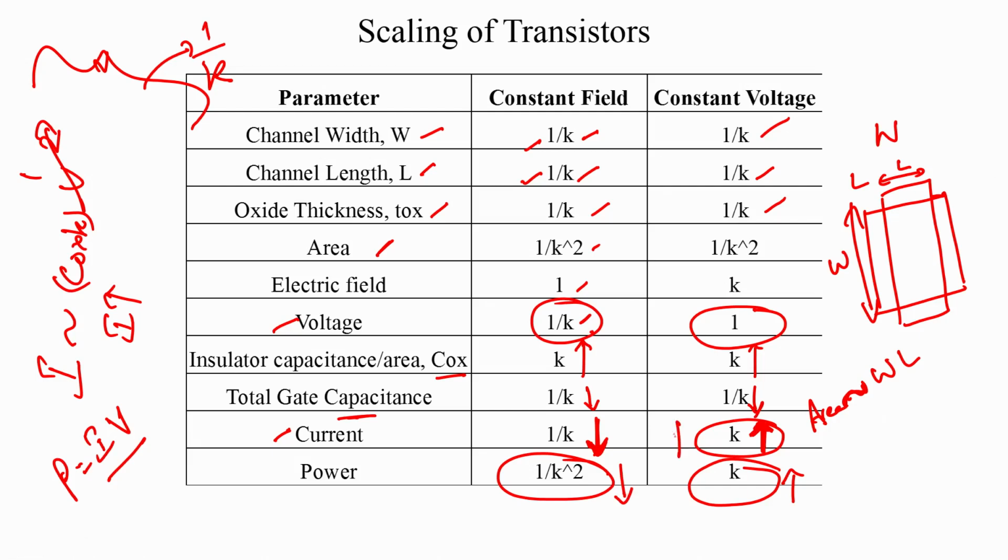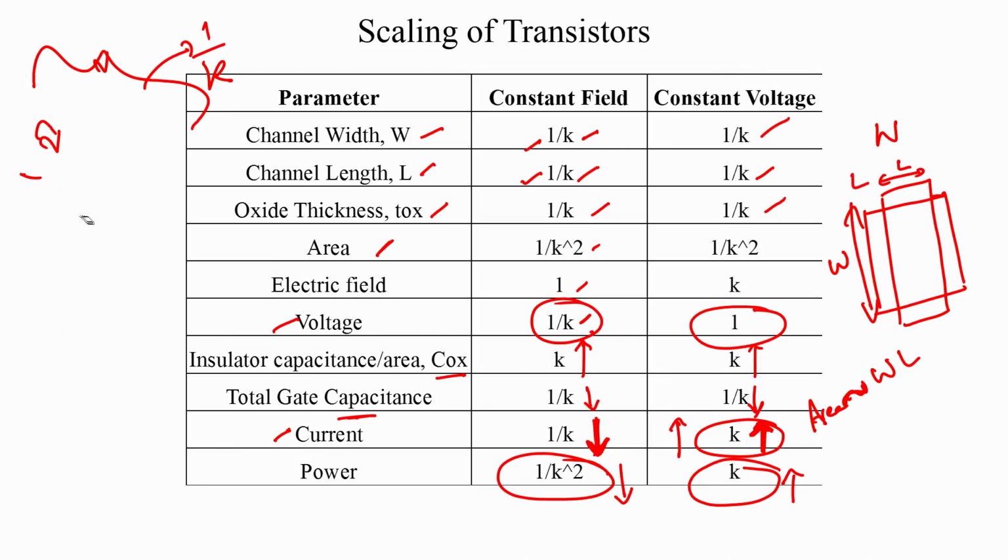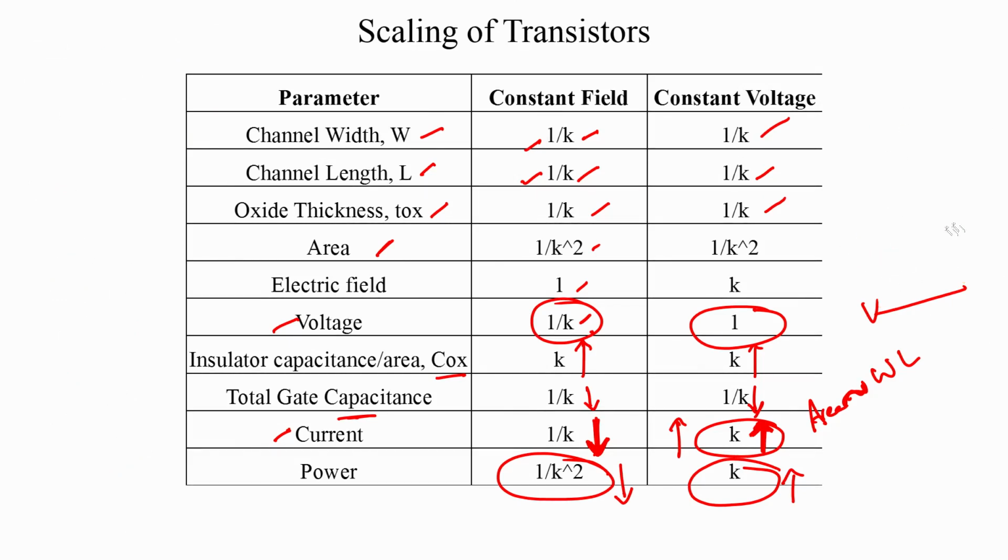Here the current increases, here the current comes down. So, this is how you handle scaling relations. Of course, there are many other parameters one can consider, delay, etc., but we have just talked about some of the basic or key parameters.